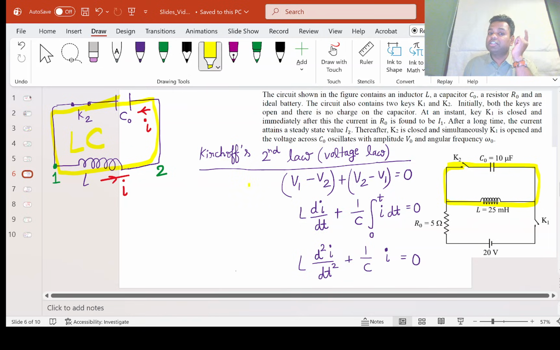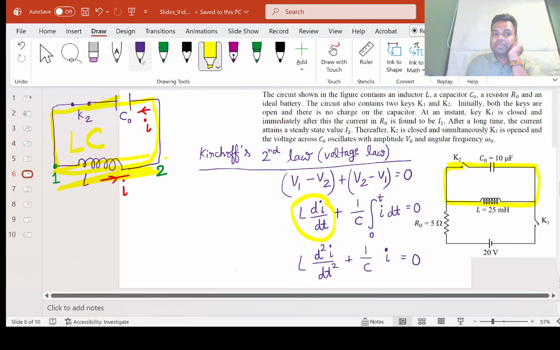So if you apply Kirchhoff's second law again, just like we did for the first part, you will get the voltage drop from 1 to 2, that is L di by dt, from this part, and then 2 to 1, which is across the capacitor.